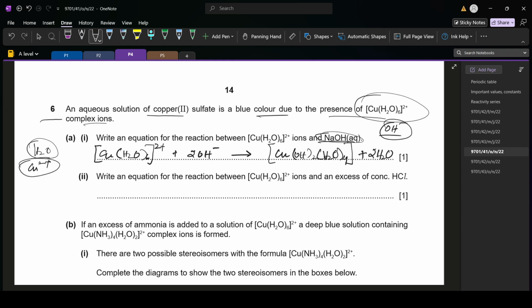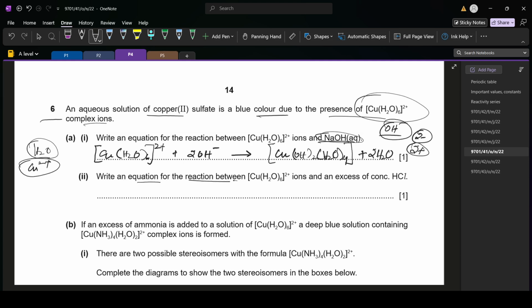So there are two OH ions, so the 2 minus charge will cancel out the 2 plus charge on the copper. So the overall charge over here is 0. You also have to remember what the charge on this complex will be. Now moving towards the next part.